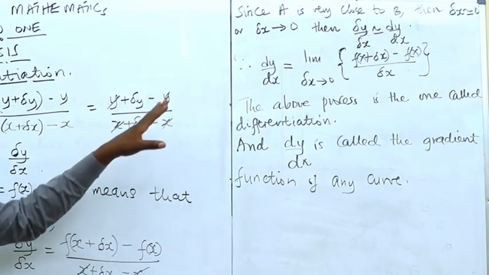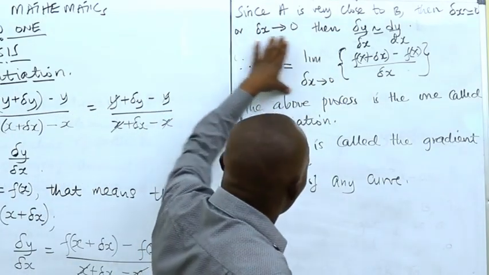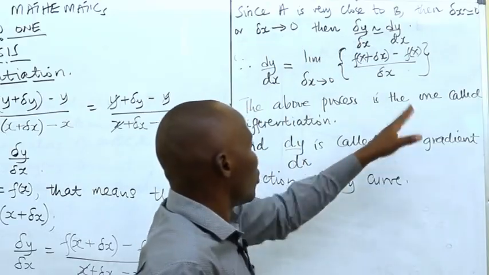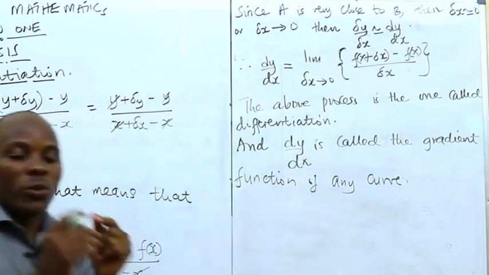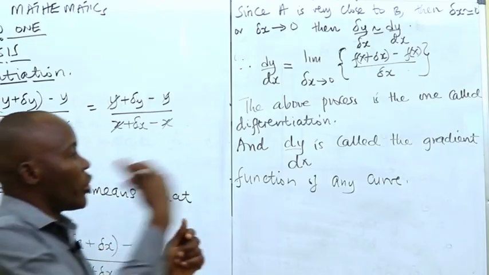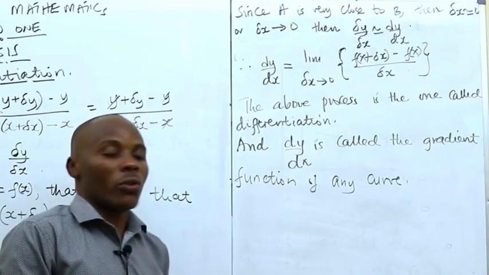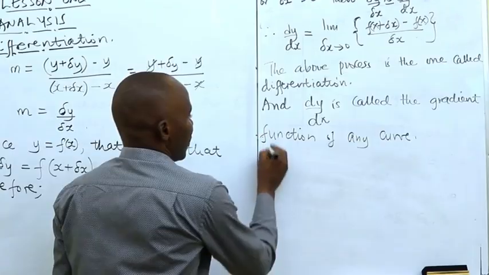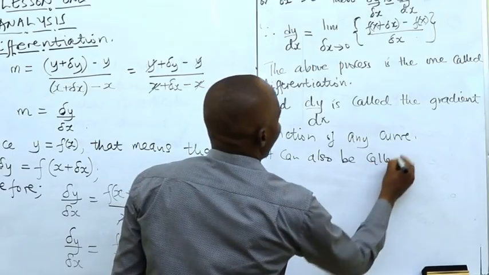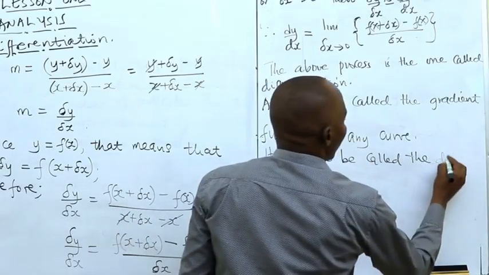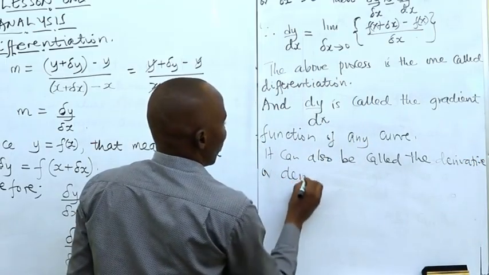So we are saying that this process of coming up with dy/dx is called differentiation. The dy/dx, or the result you get by differentiating, is called the gradient function. It can also be called the derivative or derived function.